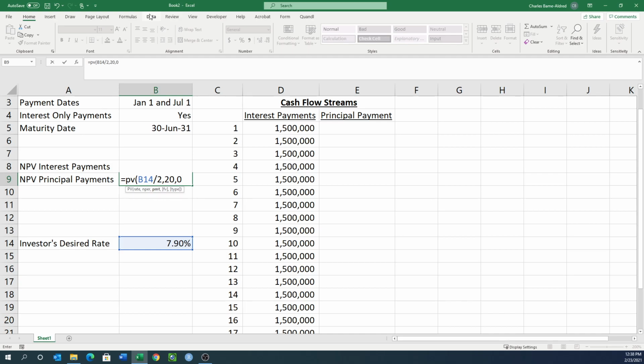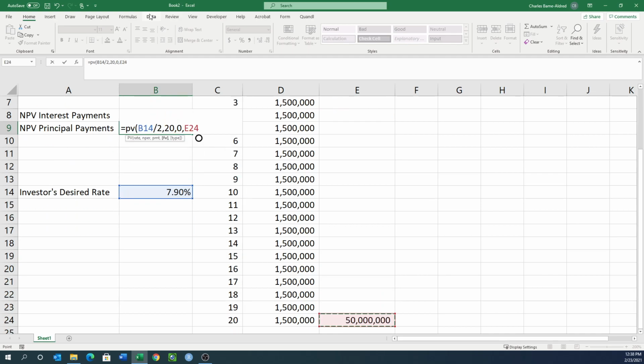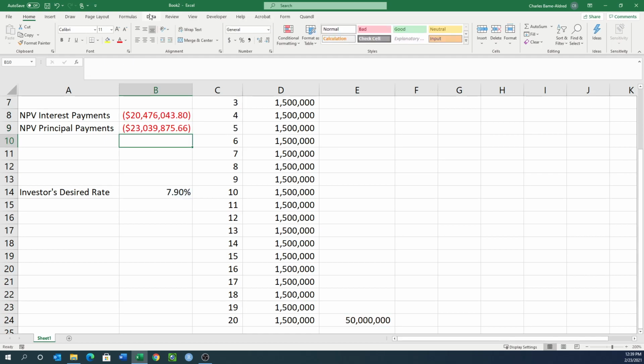But there is a future value, and that future value is that $50 million. And it's also end of the period. So this is going to give us the present value of just that singular payment in 10 years. Let's figure out what that is. That gives us $23 million.